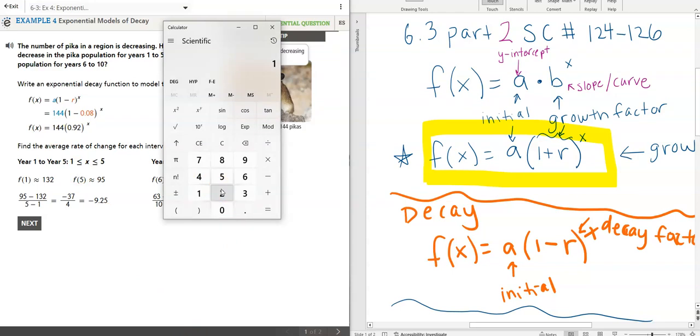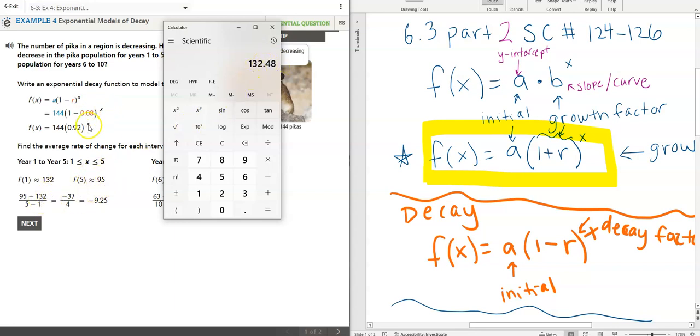If I do 144 times 0.92, I'm going to get 132, and that's approximated. So that's where that came from.